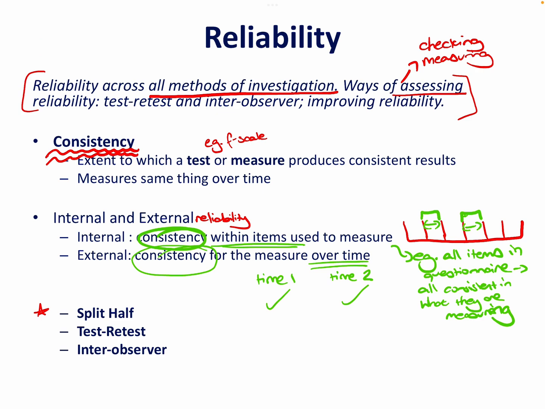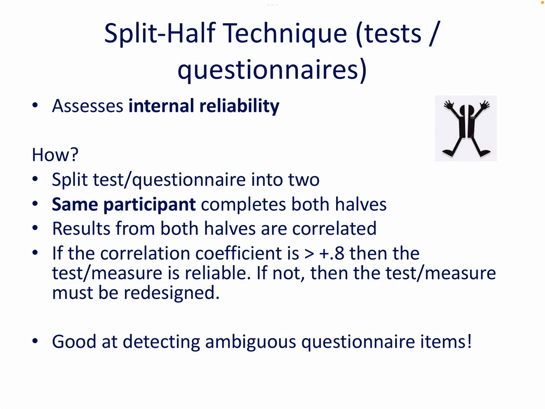So let's have a look then at different ways of actually measuring the reliability. Let's start with the split half technique. All of these, the clue is in the name. So if you're not sure, just think about what split half might refer to. This is a technique that we use when we're looking at particular tests or questionnaires, self-reports of that nature.